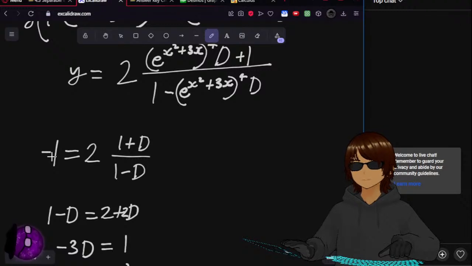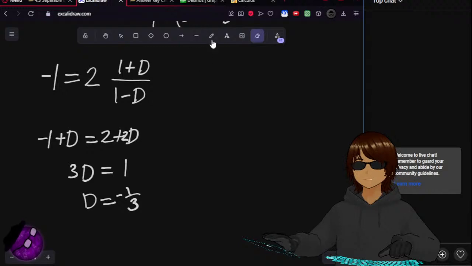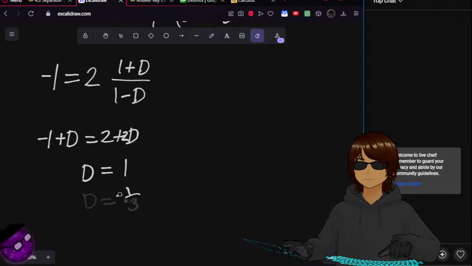This is negative 1. If I put this here, I get minus 1 plus d. So I get 3d. No, I get a single d. So d, and then, yeah, this makes sense.